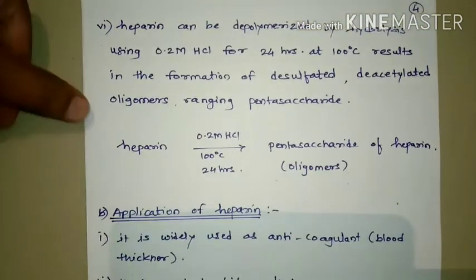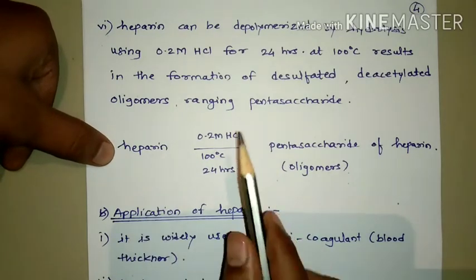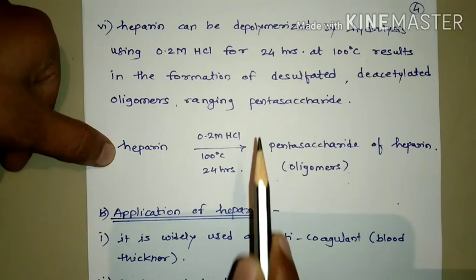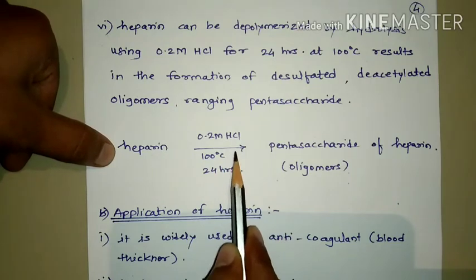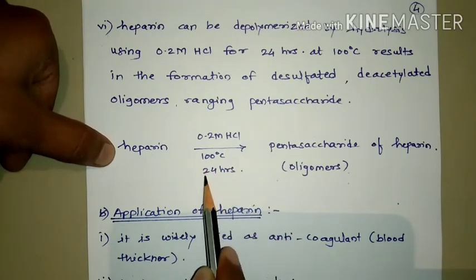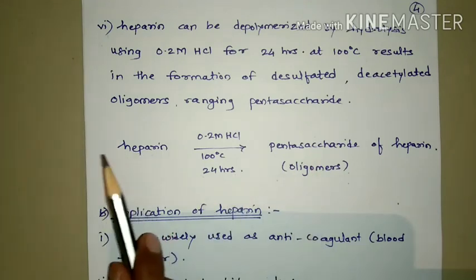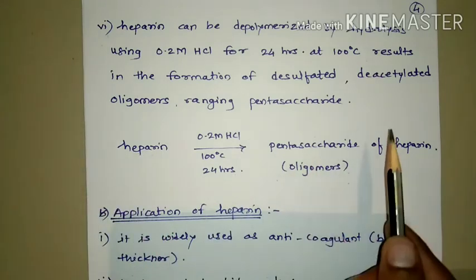That means when heparin is treated with 0.2 molar HCl at 100 degrees Celsius and kept for 24 hours, your heparin molecule is completely depolymerized.